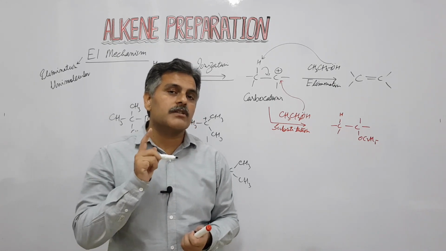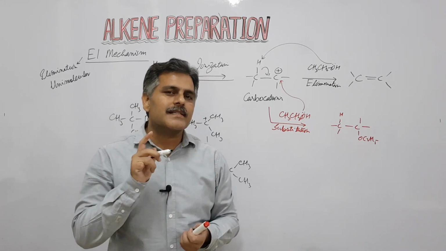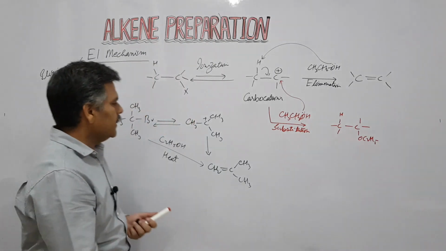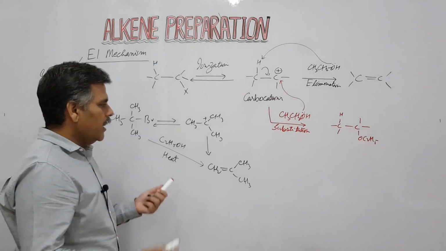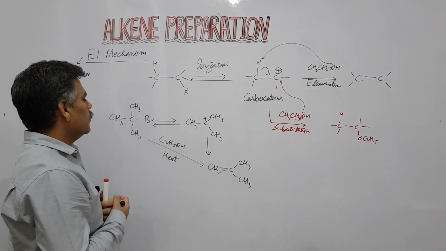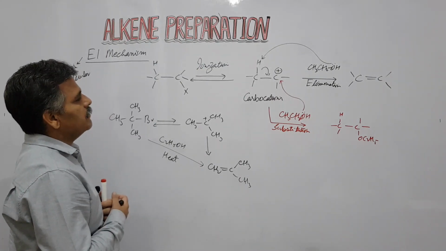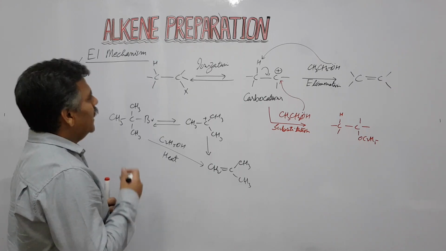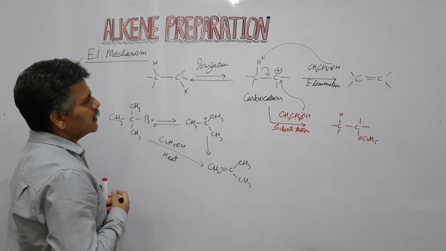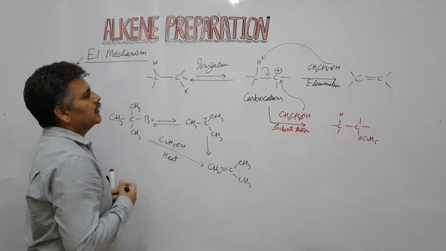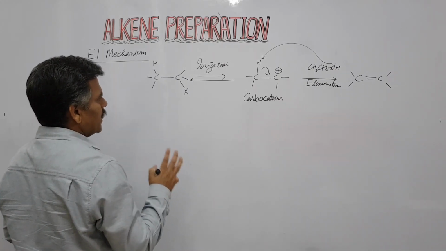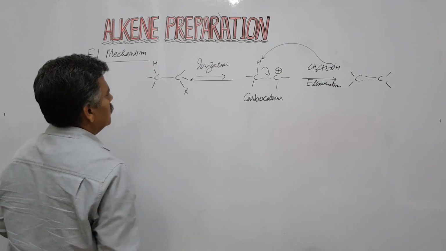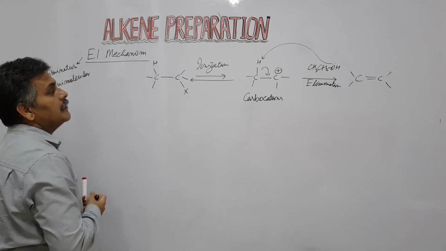That's why we use polarizable solvents; they assist the formation of this carbocation and increase its stability. If you carry out this reaction in water or ethanol, it increases the stability of the carbocation. That's why we use polarizable solvent when we carry out this E1 reaction. The intermediate carbocations are formed in case of E1 mechanism, so there are chances for the rearrangement reaction.